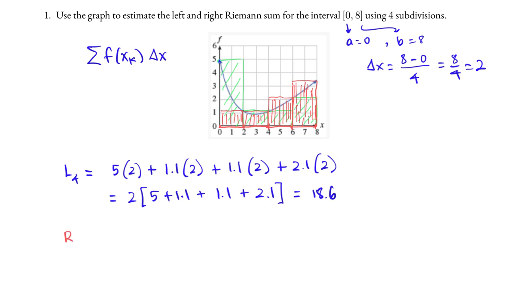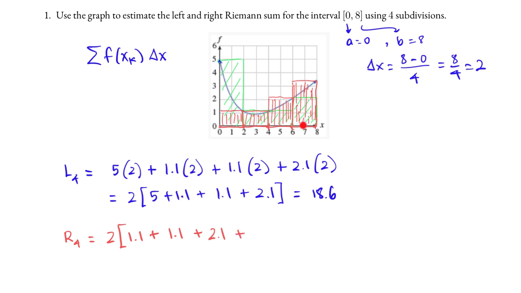Denote the right-hand sum as R, and then we use 4 subdivisions. We know that each of the rectangles has a width of 2, so we're going to factor out 2. The first area is 2 times the height, but the height is 1.1. For the second rectangle, 2 times the height, but the height is also 1.1, plus for the third rectangle, 2 times the height, but the height is 2.1.